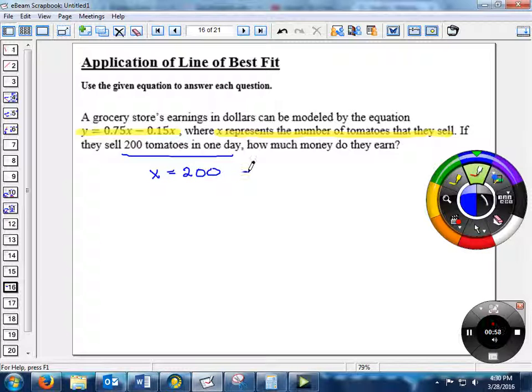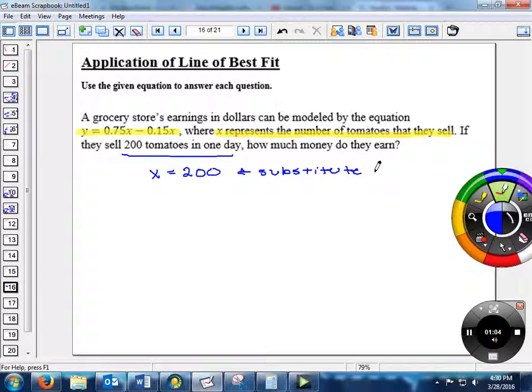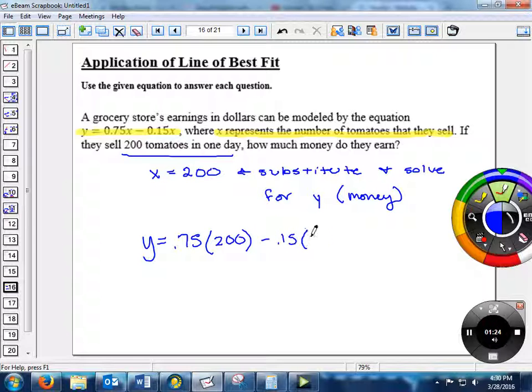So to solve that, you're going to substitute and solve for Y. In this case, Y is the amount of money. So we have the equation y equals 0.75x, and x is 200, minus 0.15x, which is also, again, 200.